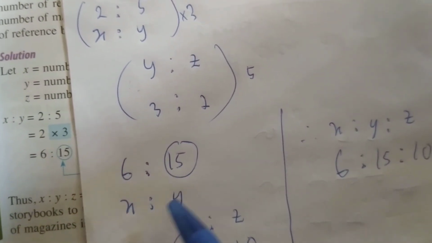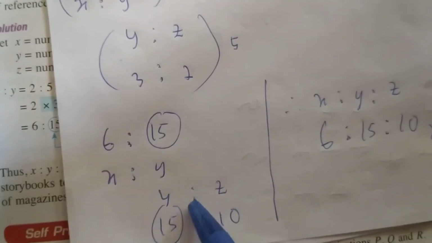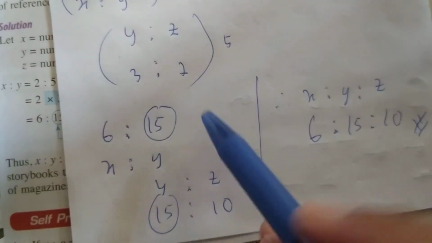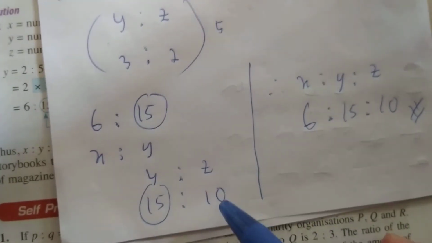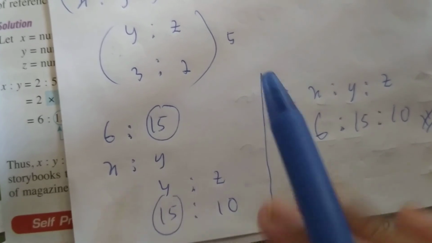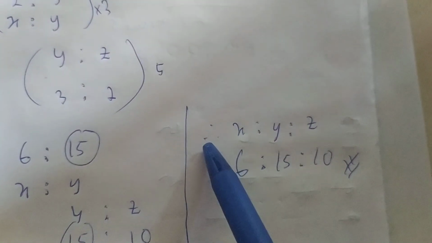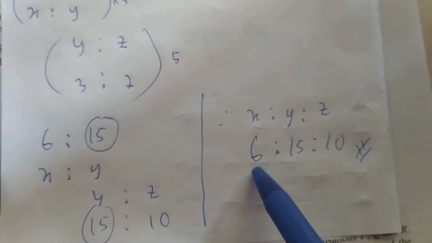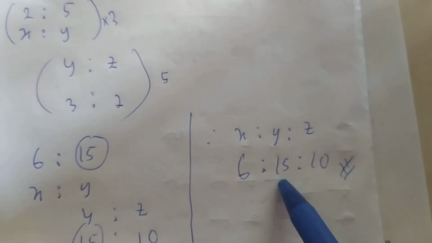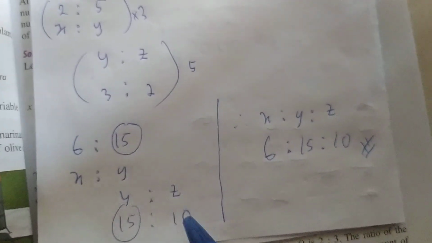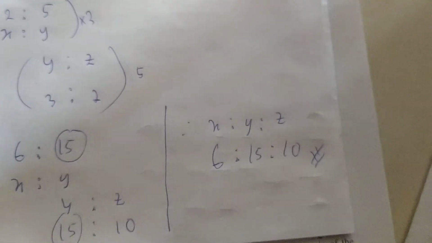That is X ratio Y. Then Y ratio Z is equal to 3 times 5 become 15, then 2 times 5 become 10. Now the value for Y is the same, 15 and 15 here. So you can write the answer for X ratio Y ratio Z is equal to 6 ratio 15 ratio 10. So that's the answer.